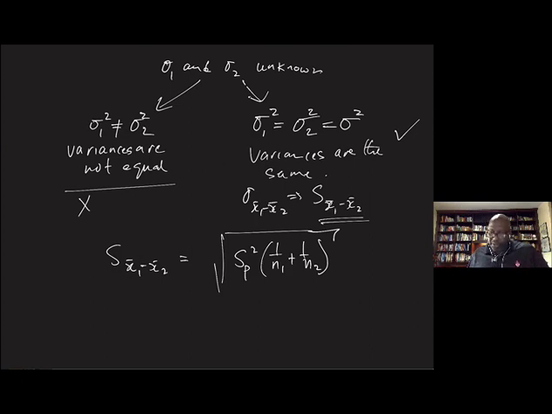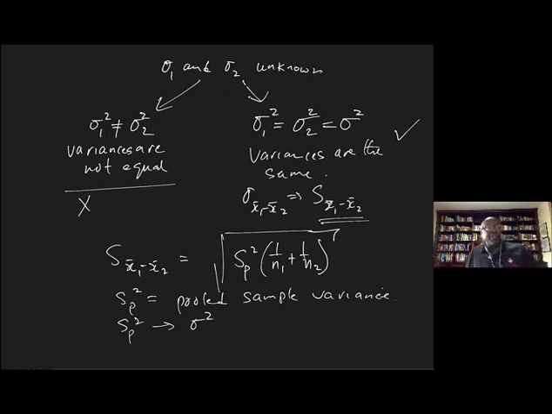And I'm going to explain to you very shortly why we have this. But let's give you a definition. This here, Sp squared, is referred to as the pooled sample variance. Okay, it's referred to as the pooled sample variance. And what it is, Sp squared is an estimate of sigma squared.